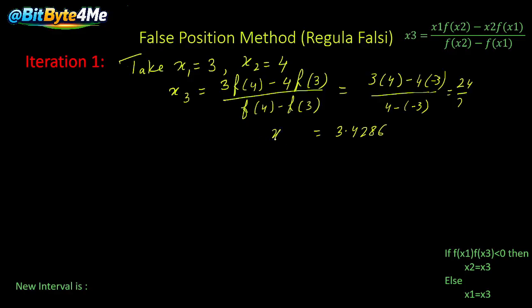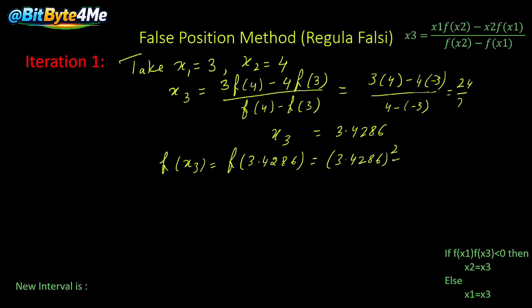So the value of x3 is 3.4286, and we need f of x3, means f of 3.4286.